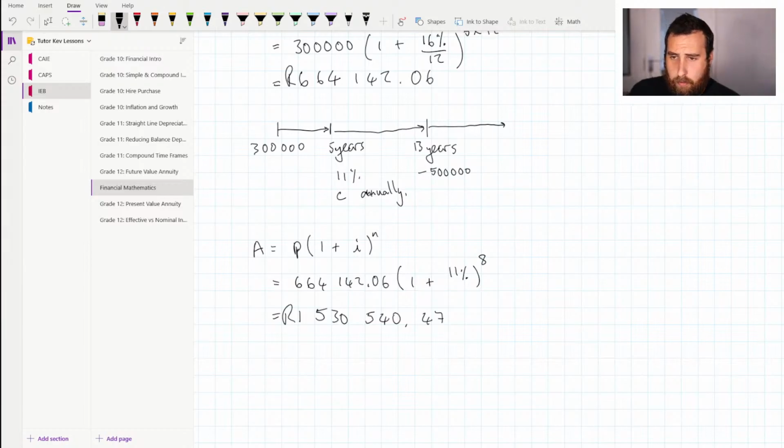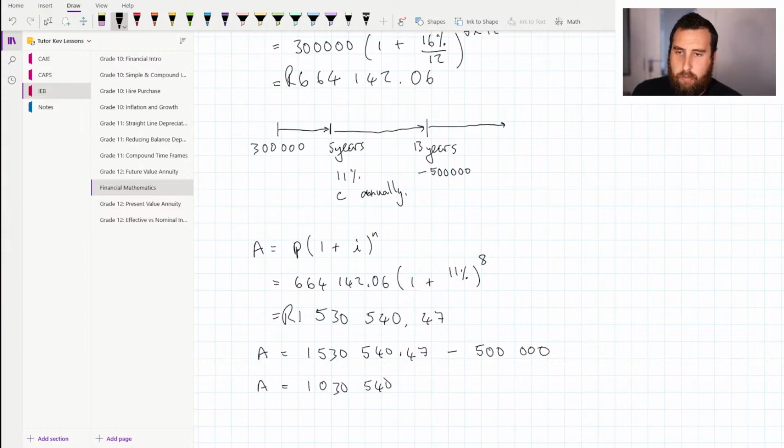And so our amount at this period is going to be 1,530,540.47 less 500,000. And this leaves us with 1,030,540 Rand and 47 cents.